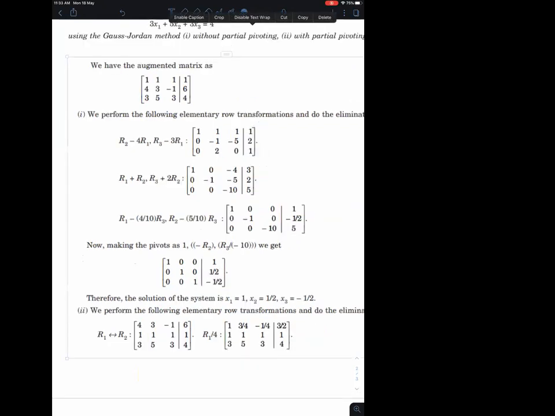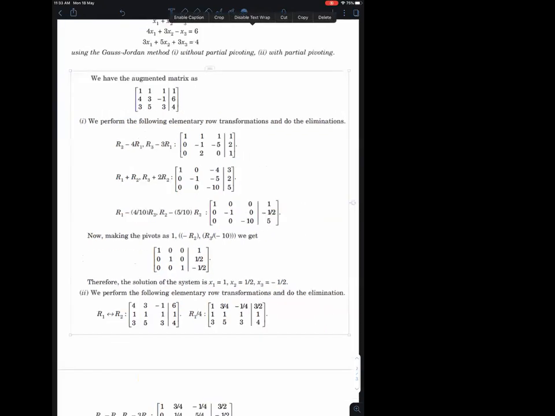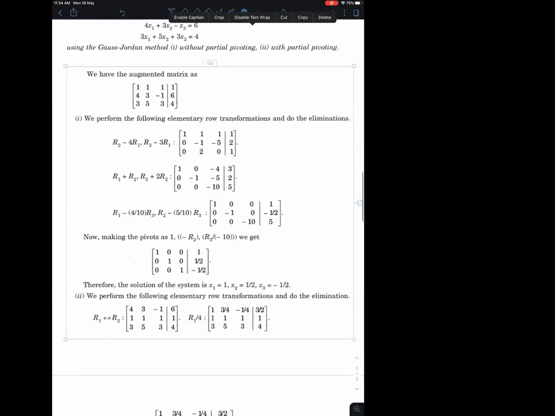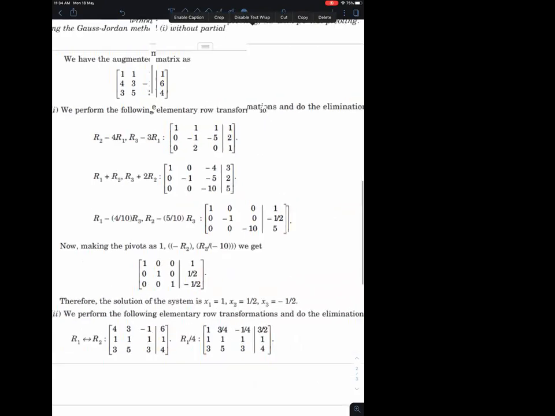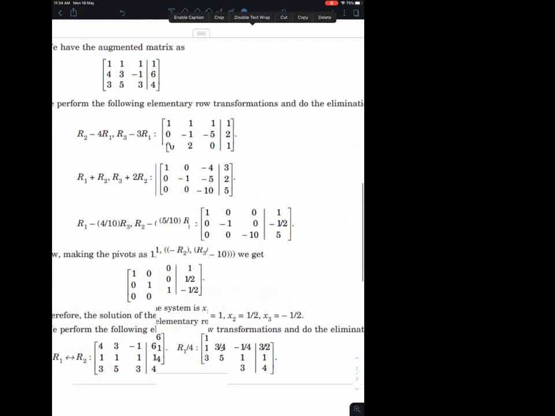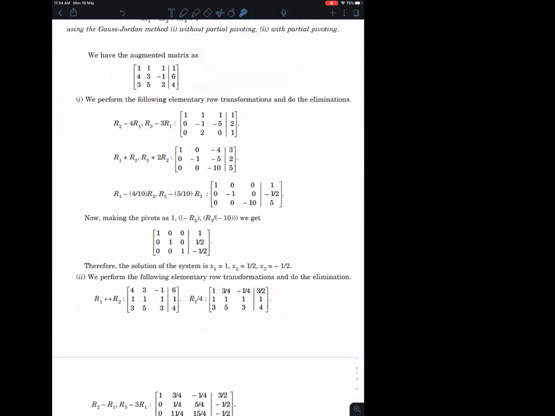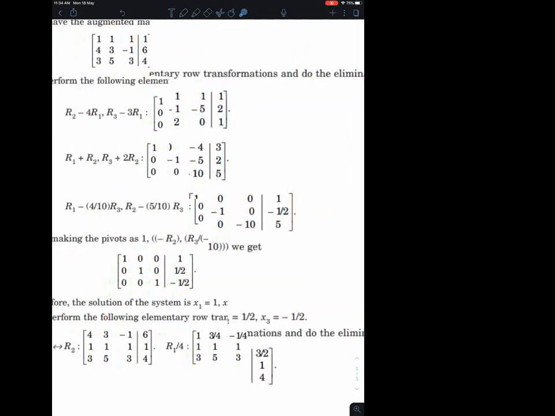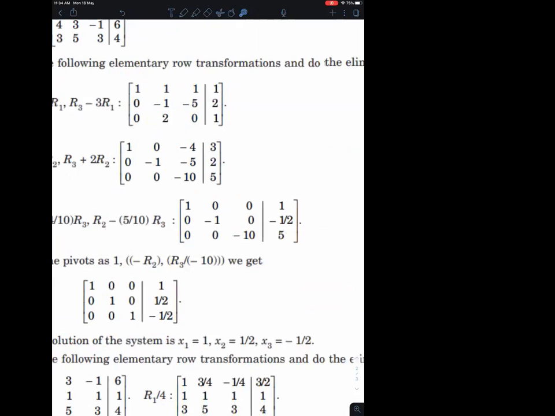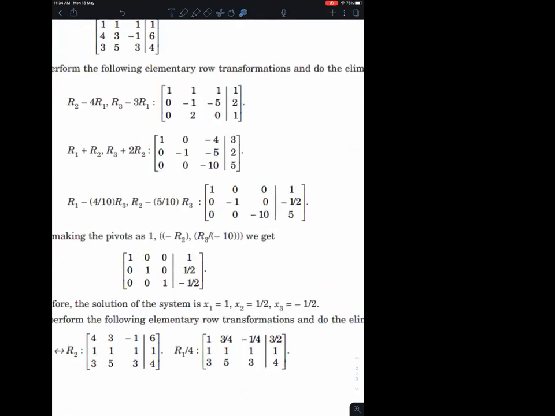And then the last one, you still need to get a 0 here and a 0 there, right? But this operation is going to accomplish that. If you do this, one operation is row 1 minus 4 over 10 times row 3.